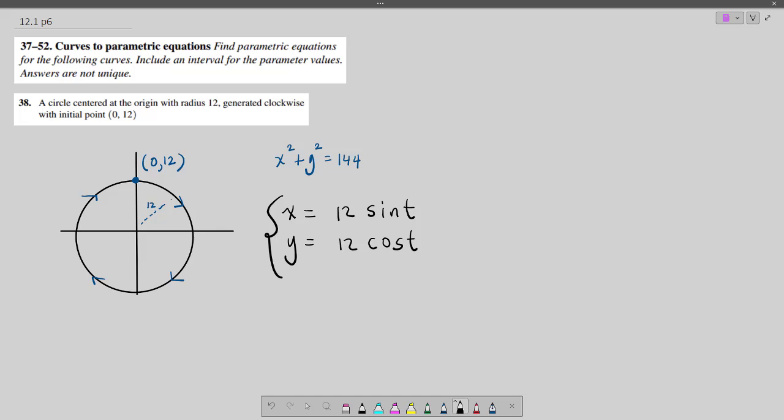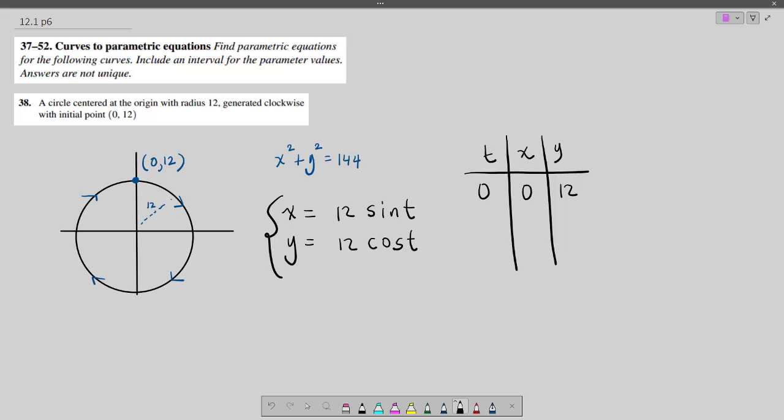And if we think about plugging in our t values, let's just notice where we're at. If we plug in t equals 0, sine of 0 is 0. Okay, good. Cosine of 0 is 1.